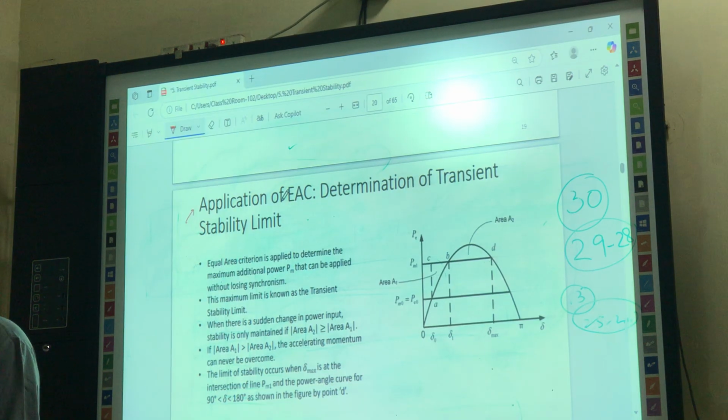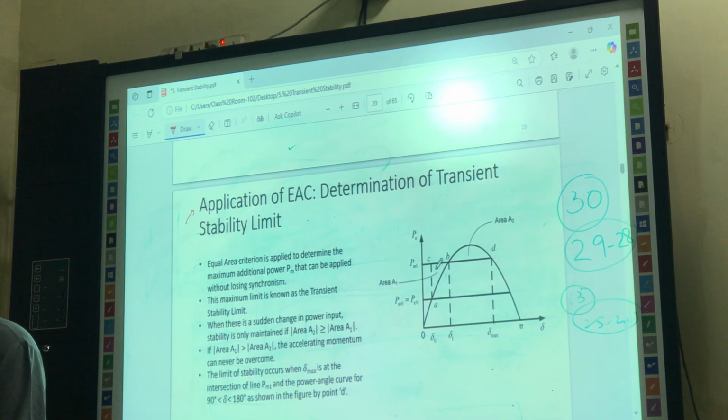Before that, we need to understand up to how much the system can be in the steady state regime. Within this increment we are gaining this kinetic energy. That means there should be a sufficient amount of area in the deceleration phase so that all of this energy can be dissipated. That is the main idea.